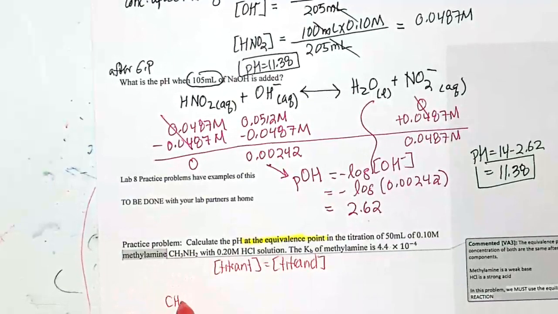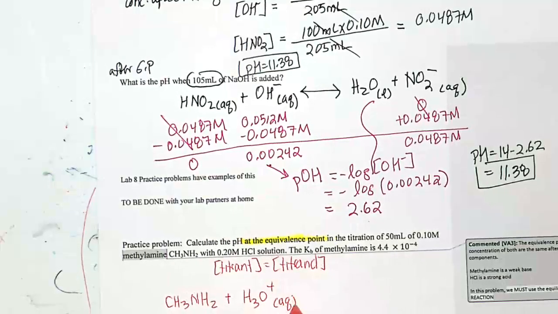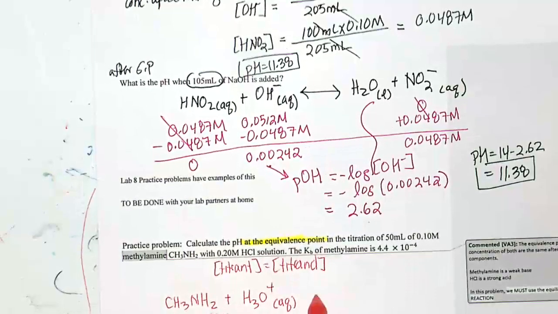And then what's the reaction here? It's going to be CH3NH2 plus H plus. I'll use H plus as H3O plus, because it's a strong acid.